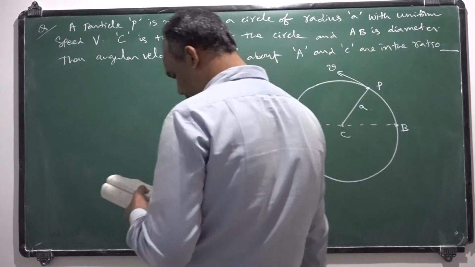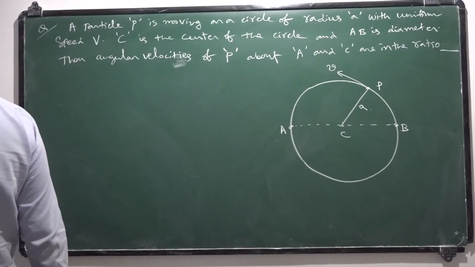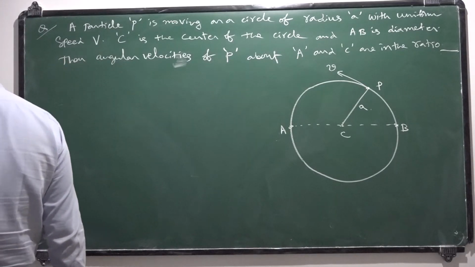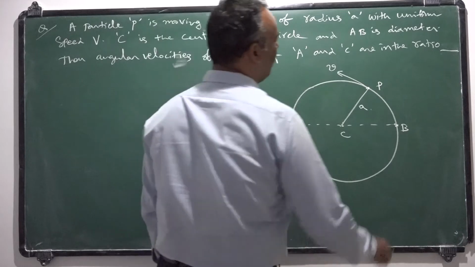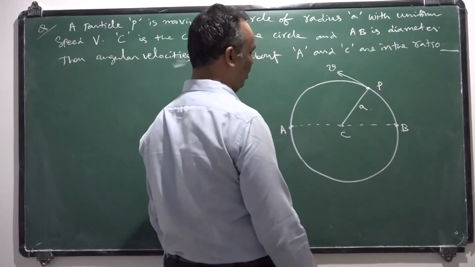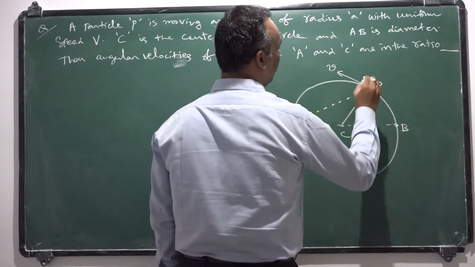Now we need to find the angular velocity of P about A and C. About A means you may draw a line like this.